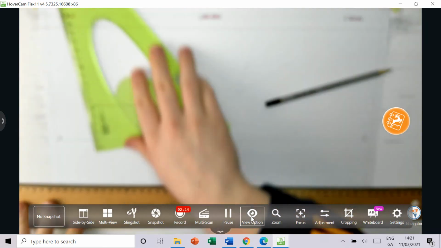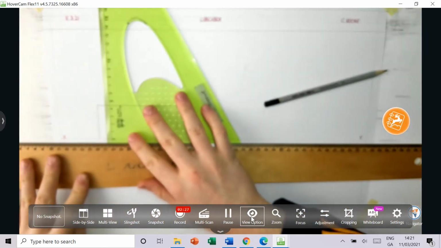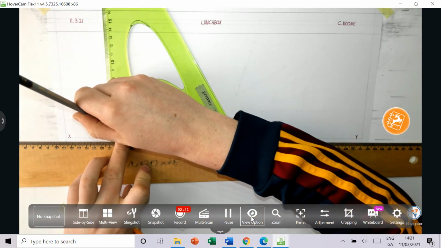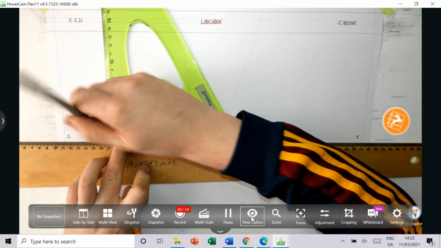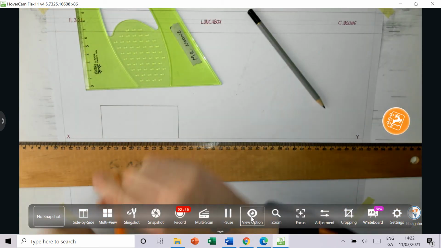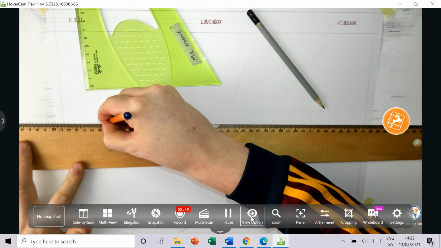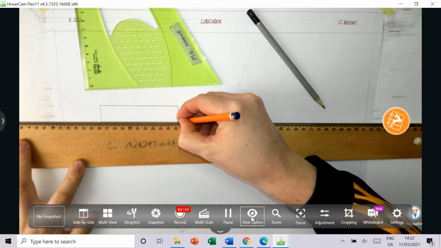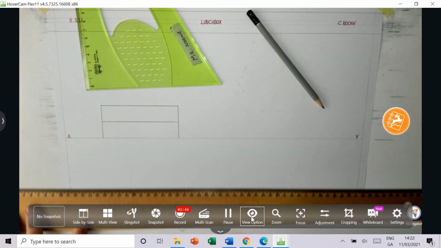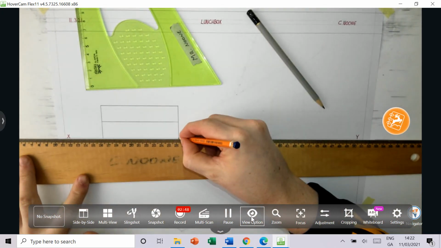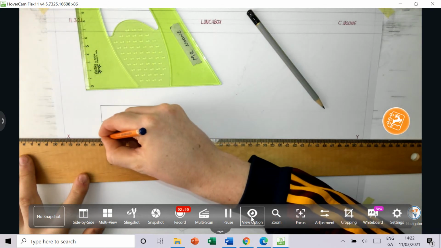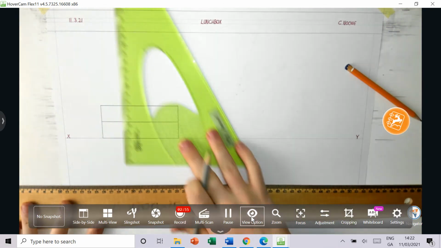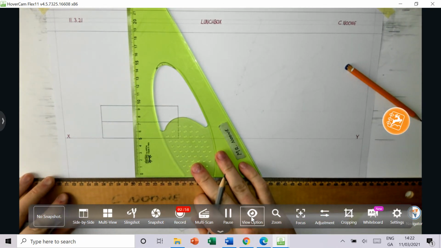Okay, final thing I need to do there is just measure up 22 mil, so half of that height. And I'm going to draw a firm line across that as well. Okay, so that's my elevation. So what I'm going to do is I'm just going to measure up 5 mil and 5 mil.